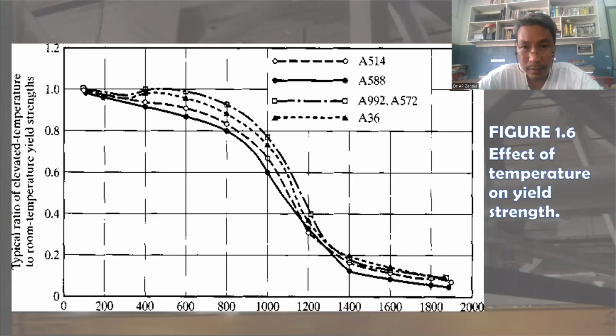Okay. So let us look back at the temperature effect on the steel. As you can see, A514, A572, this is the high strength, low alloy steel. This is the common steel, A36.